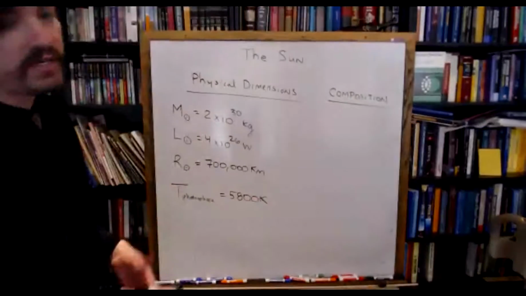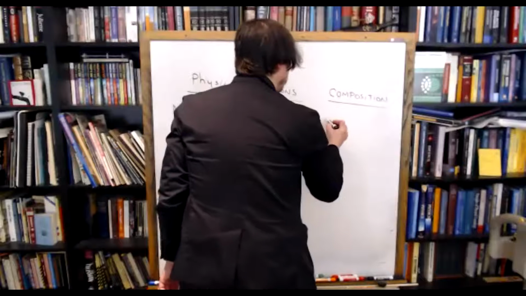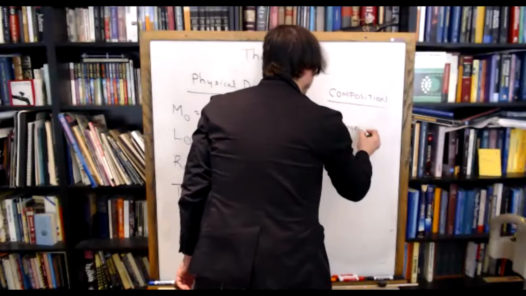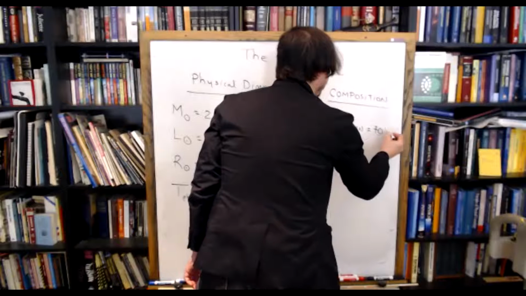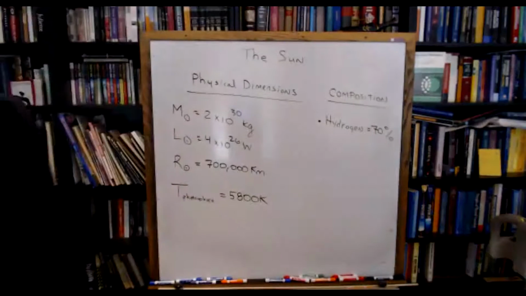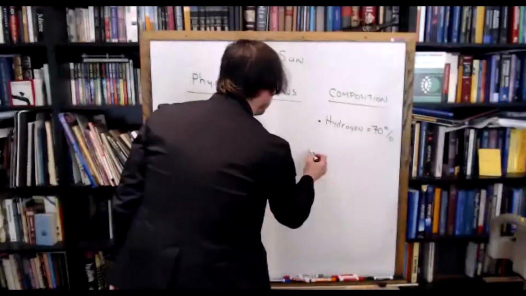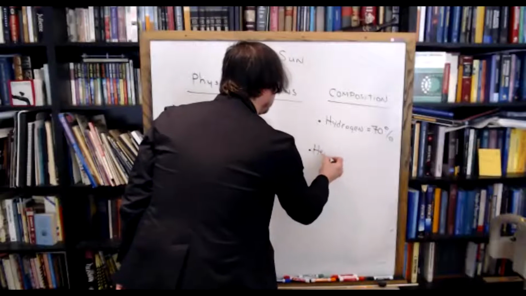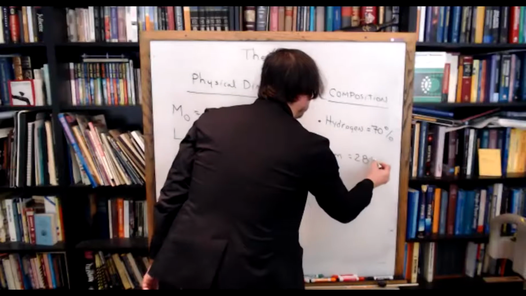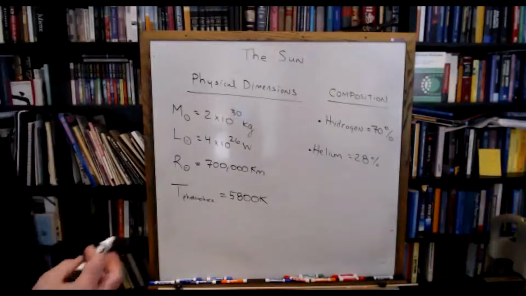So the composition of the sun is hydrogen gas, and hydrogen makes up the vast majority, about 70% of the sun by mass. Great, Reardon, glad to hear it. The next most abundant constituent is helium. Helium makes up 28% of the sun by mass, if you can see that.